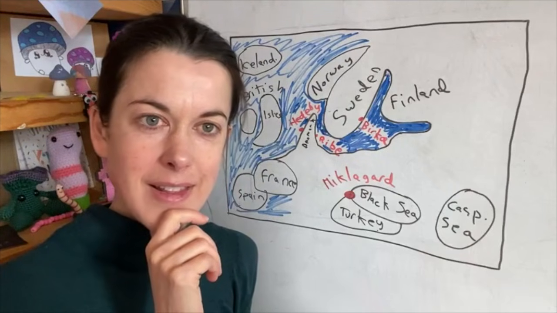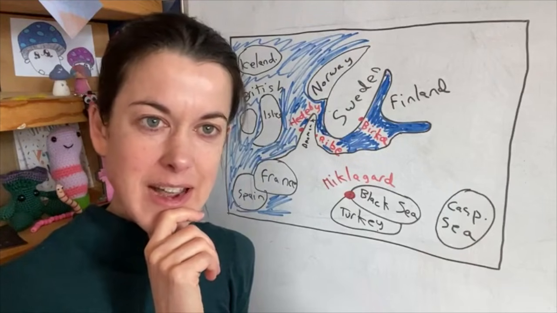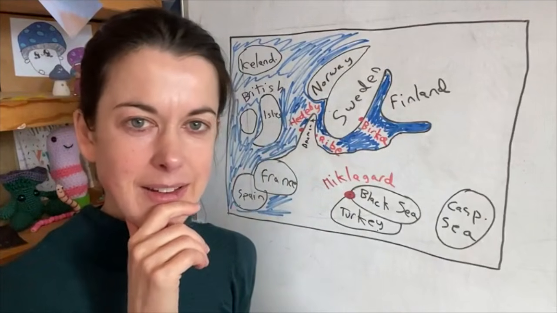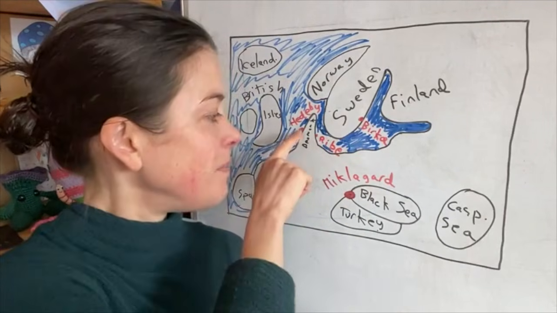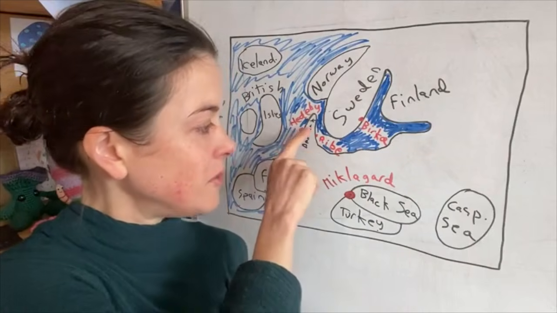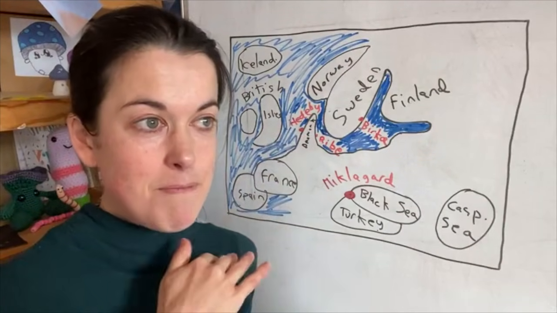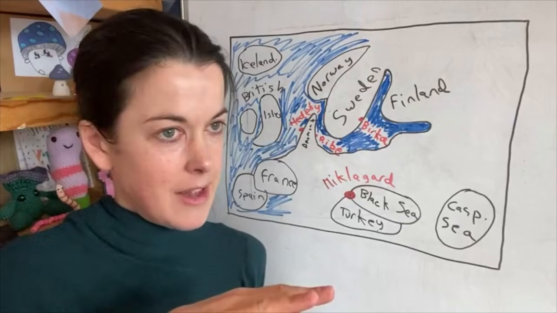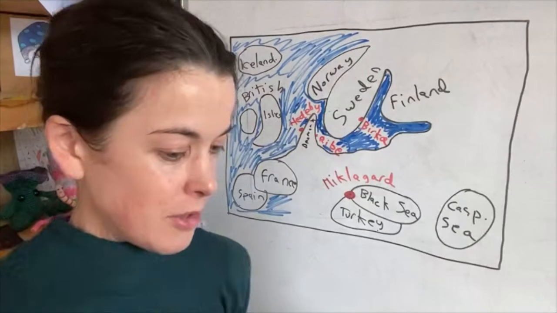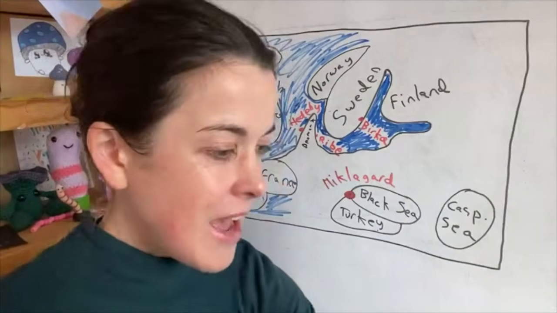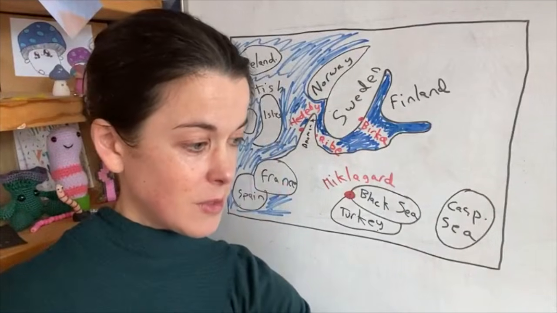Europe wasn't a major player in the world at this time. Miklagard had, minimum, as far as I can tell, about 300,000 people. So it was incredibly big and shiny and important, and it had loads of cool stuff that the Vikings wanted.